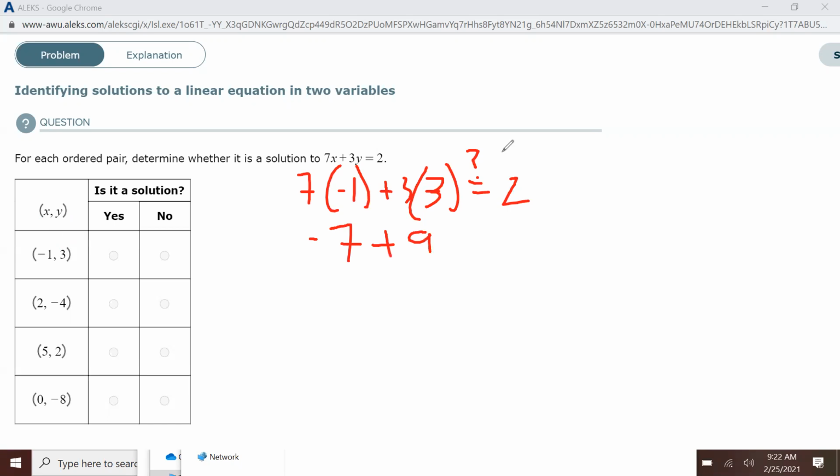Simplifying, I get 2 = 2, so everything checks out. And the answer is yes, it is a solution. Let's try the next one. This time I'll plug 2 in for x and -4 in for y.